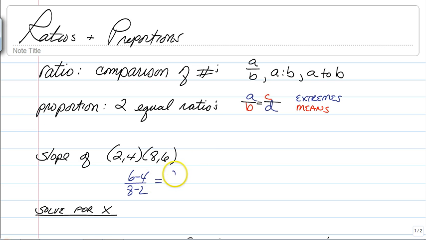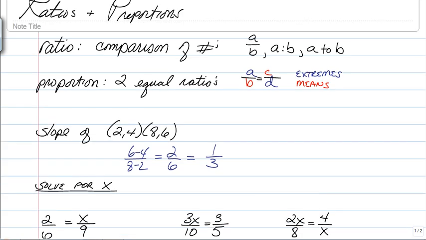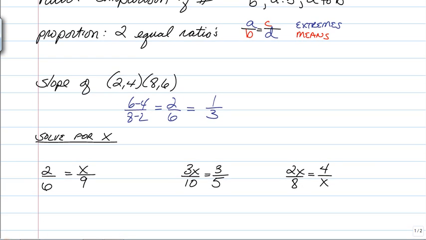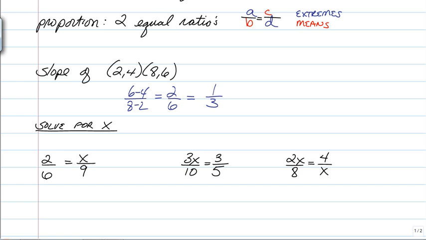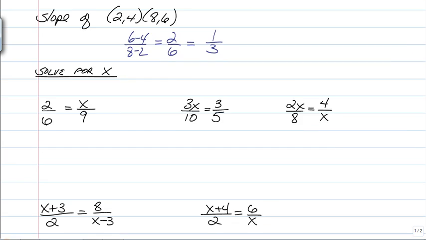That's going to give you 2/6, which is 1/3. That's your slope, the ratio of how far you rise over how far you run, because 2/6 is the same as 1/3.